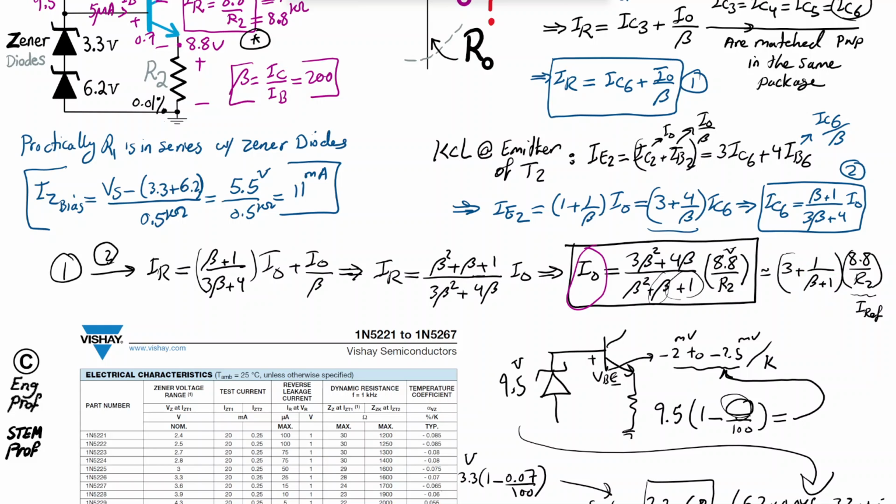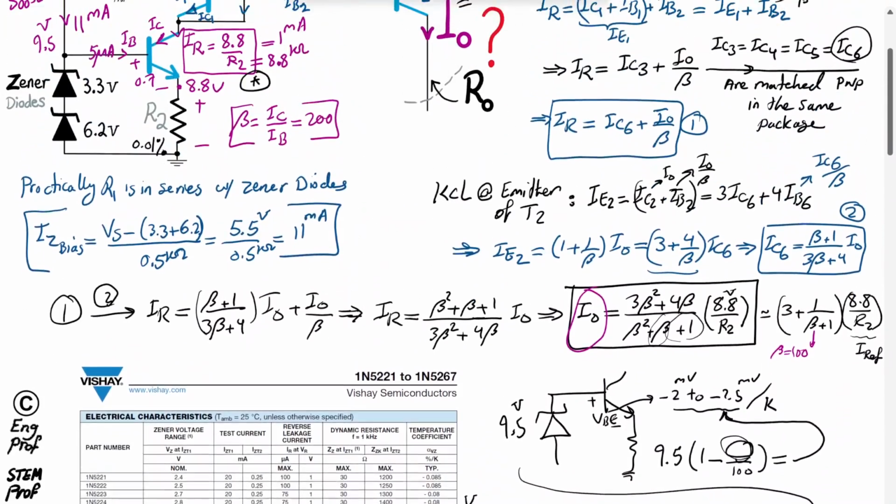Even if you assume beta 100, which is the minimal beta in these designs for small transistors, would be 200-ish. So you're talking about 0.01 versus 3. So definitely a good practical approximation. We can easily get rid of this term, saying it is negligible, so we get 3 times I reference.